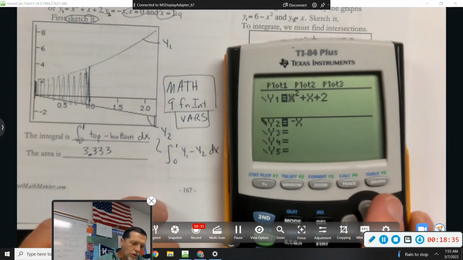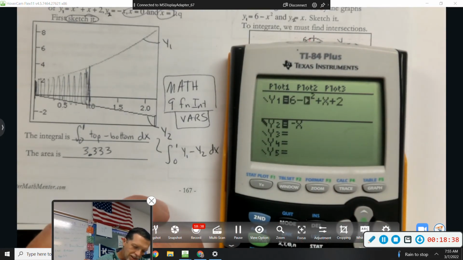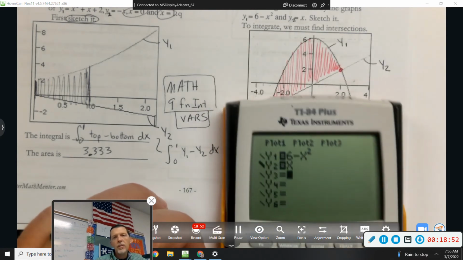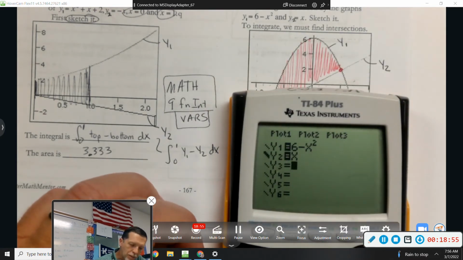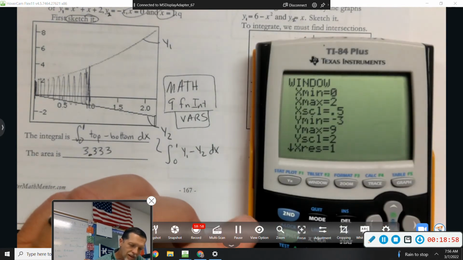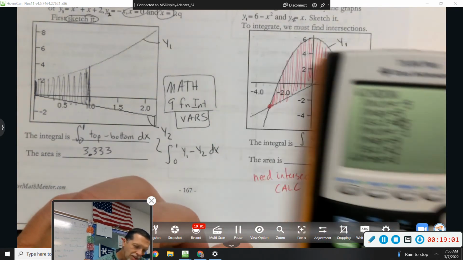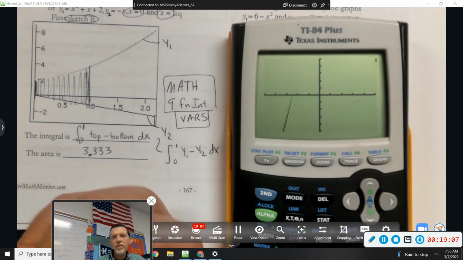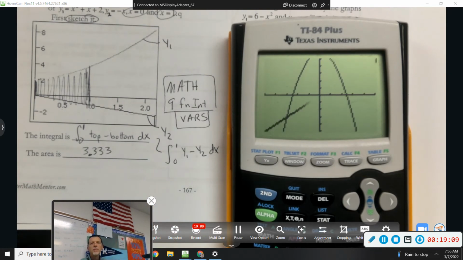Although make sure you put in y1 and y2 correctly. 6 minus x squared for y1 and just x for y2. I really don't need the one to be bold and one not to be bold, but nothing wrong with leaving it like that. Negative 5 to 5. I'm going to do negative 5 to 5 on both. I can't see the top of the parabola, but that's fine because all I really want are those intersections.